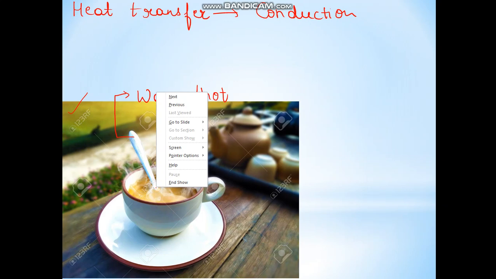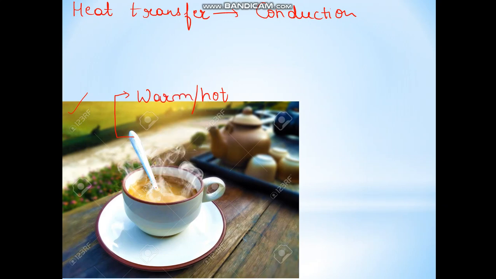Let us assume that the part of the spoon which is inside the tea is end A, and the handle of the spoon is end B. Since steel is also matter, solid in state, it has particles arranged inside the spoon, packed very closely to each other.